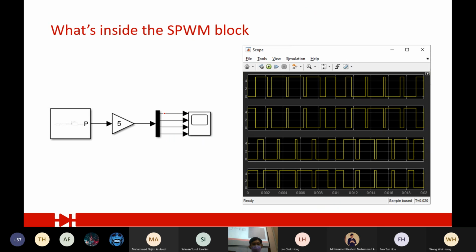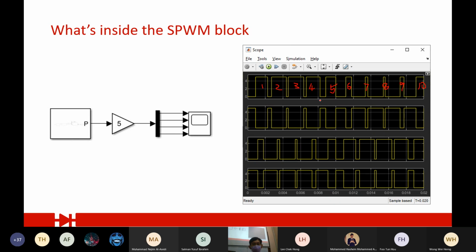Now if everything is correct, you can see this is the modulator, so you got the 4 outputs. So you will see something like that. You can see this is 1, 2, 3, 4, 5, 6, 7, 8, 9, 10.